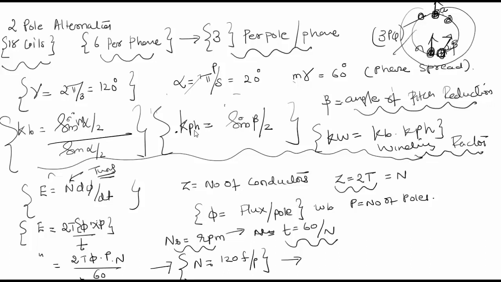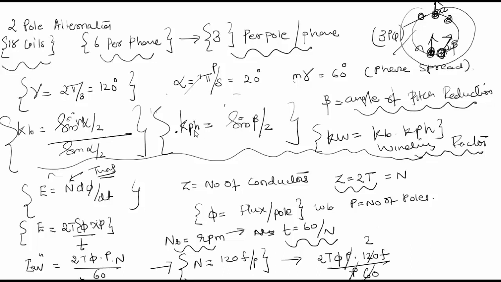So this whole equation will again become equal to 2t phi into p into 120 f by p, divided by 60, which was the case there.